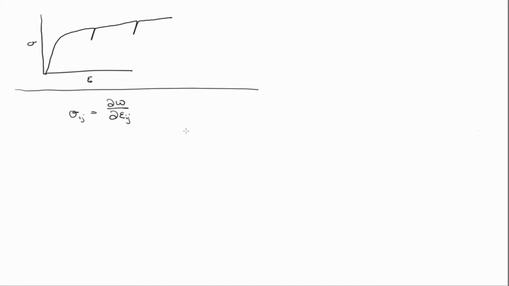So we made this thermodynamic argument for what the stress tensor is. And the strain energy density functional, we said, is some function of the density times the Helmholtz free energy. We heuristically argued that the Helmholtz free energy is some function of the strain components.